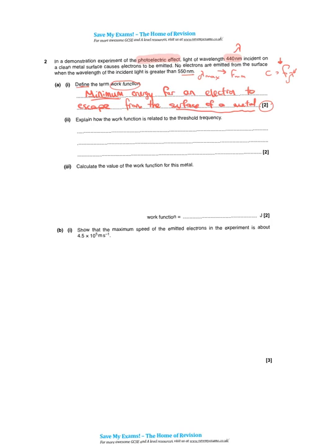The next question says, explain how the work function is related to the threshold frequency. Once again, the key words, the key definitions. We need to explain how they're related to each other. So we need to mention photons, because that's what it is linked to.